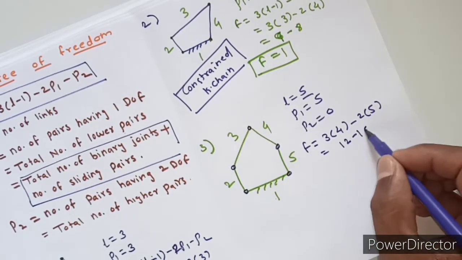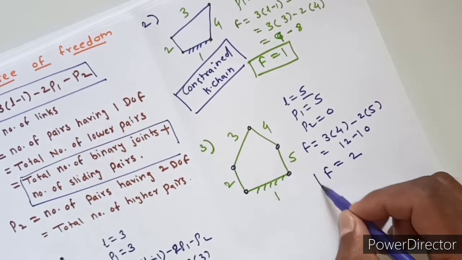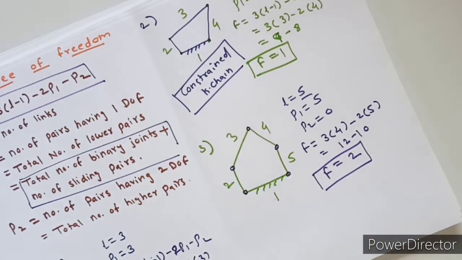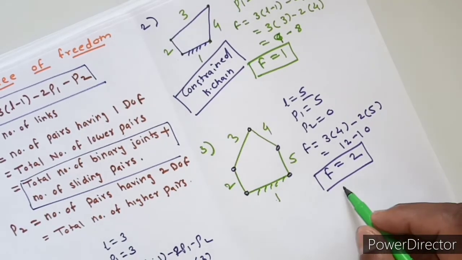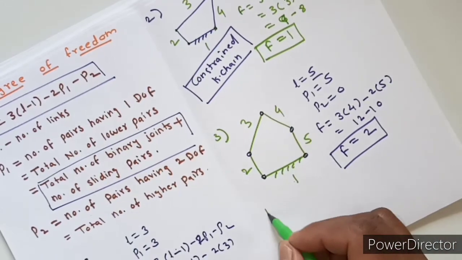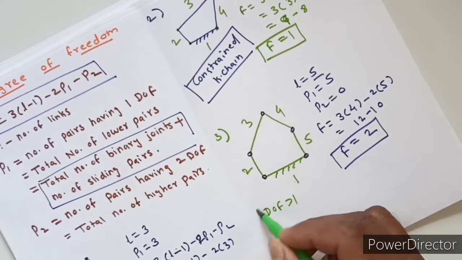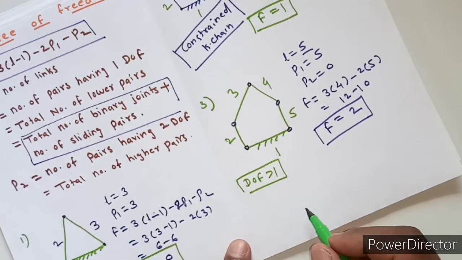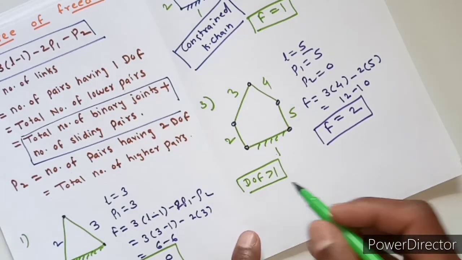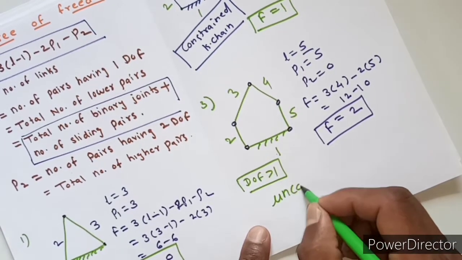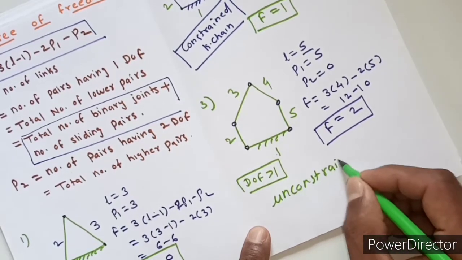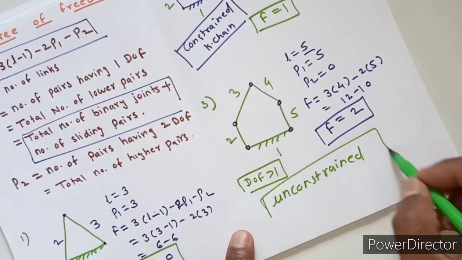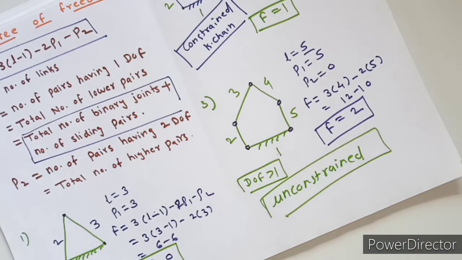So 12 minus 10 equals 2. So the degree of freedom of this mechanism having 5 links is 2. For such mechanisms whose degree of freedom is greater than 1, these kinematic chains are called unconstrained kinematic chains or unconstrained mechanisms.